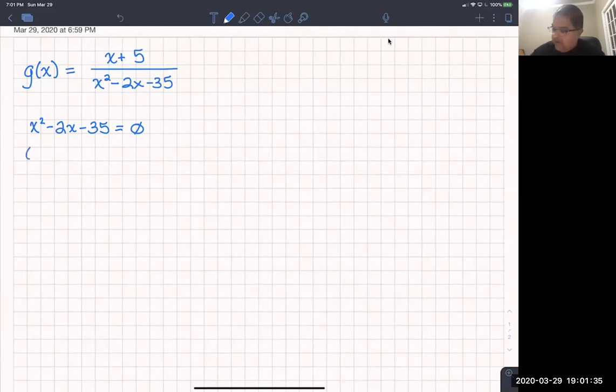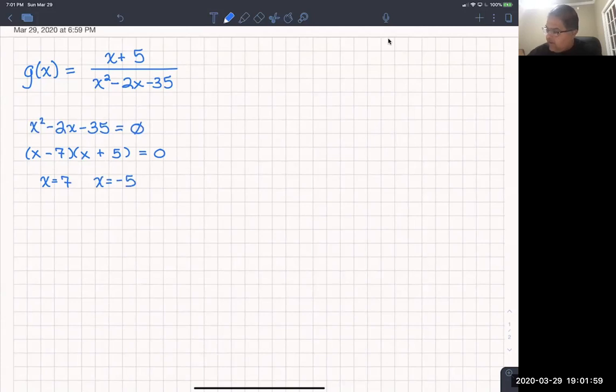So can you think of two numbers that multiply to give me negative 35, but combine to give me negative 2? Yeah, negative 7 and 5. So if we set each one equal to 0, we get x equals 7 and x equals negative 5.